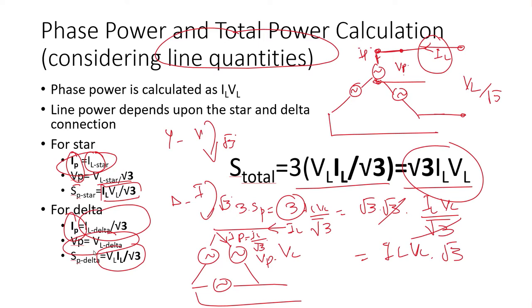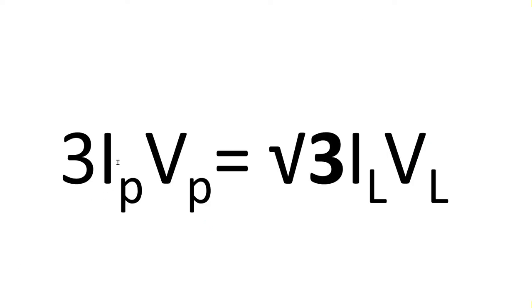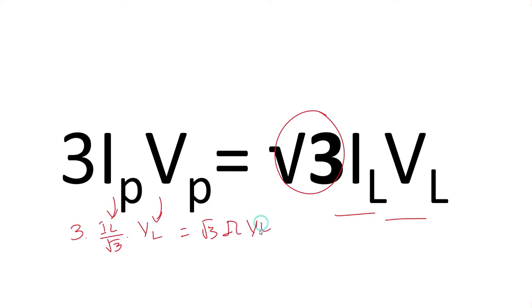Okay. So from this discussion, we have concluded that 3 times IPVP is equal to under root 3 ILVL, because sometimes we convert IP as IL divided by under root 3 and write VP is equal to VL, which turns out to be under root 3 ILVL.